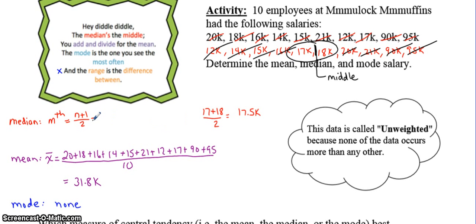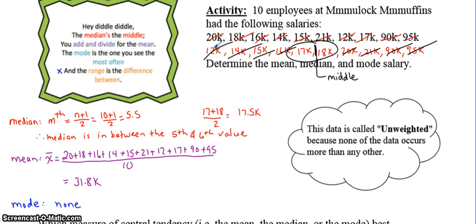So n is the number of data, so n is equal to 10. And when we add 1 and divide it by 2, that is equal to 5.5. So that means the median is in between the 5th and 6th value.